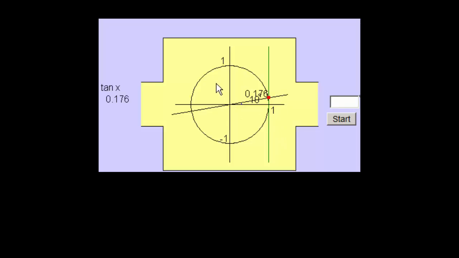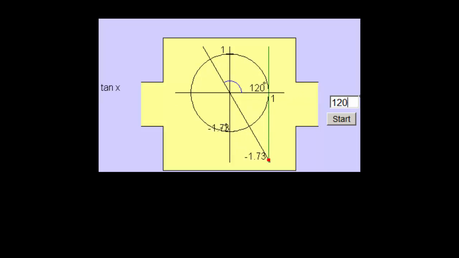But we can draw the angle backward down the other way, and you'll see that it'll intersect in a negative position. So let's go to 120 degrees. I'll rotate around, and now it'll be drawn backward. So here's my angle, and I'm going to extend the line back down and to the right. And so it's going to give me this tangent value that's negative.